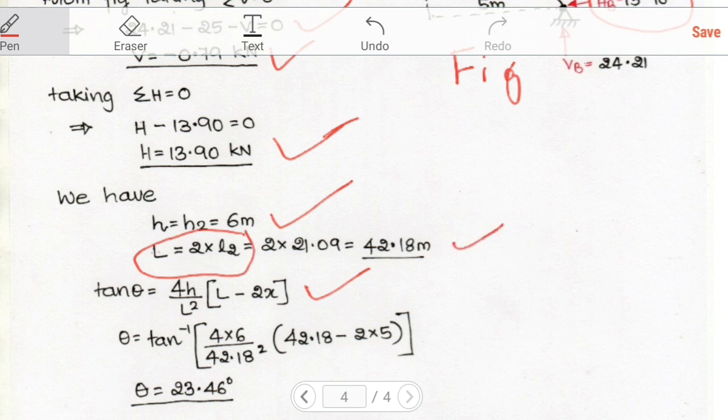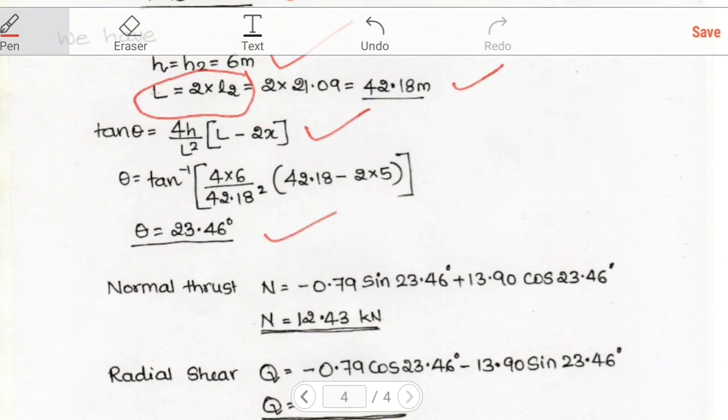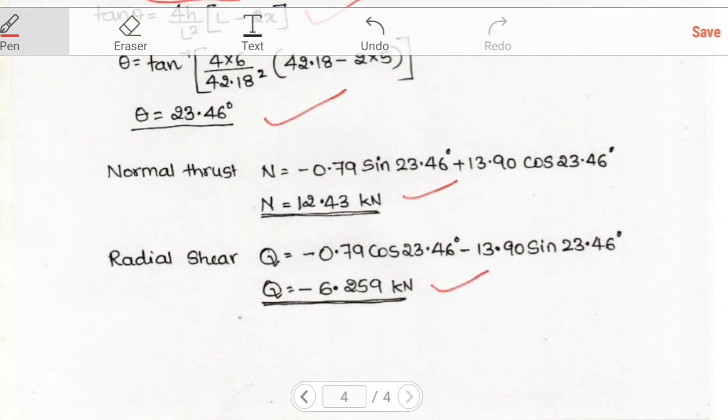Once you substitute that, you will get the answer for theta. Now you can substitute in the normal thrust and radial shear equations, and you will get the appropriate answers. This is the one problem I have solved, for a 3 hinged parabolic arch with supports at different levels. Thank you.